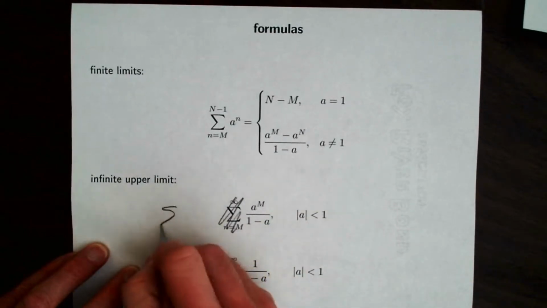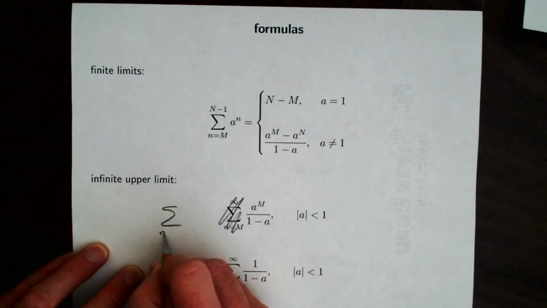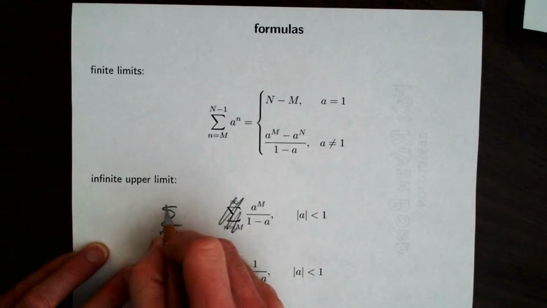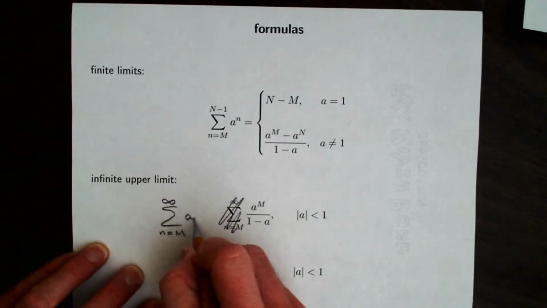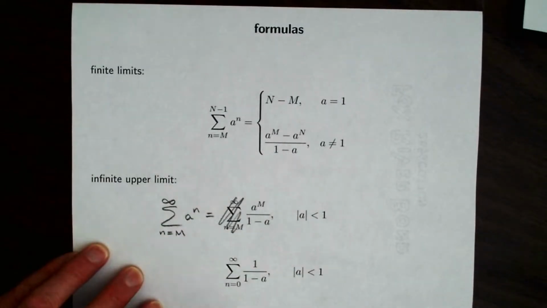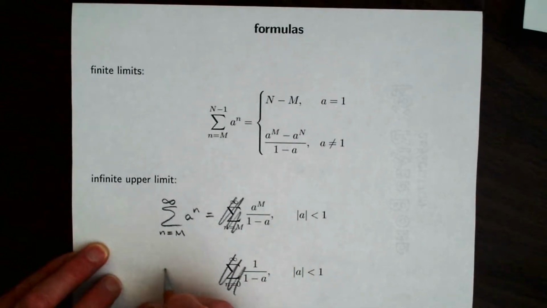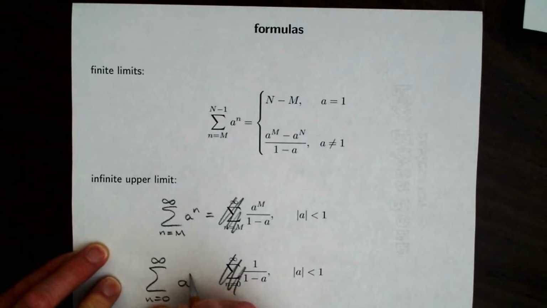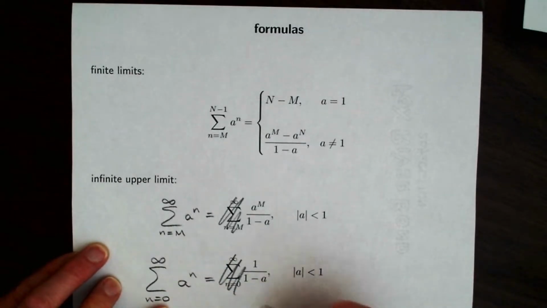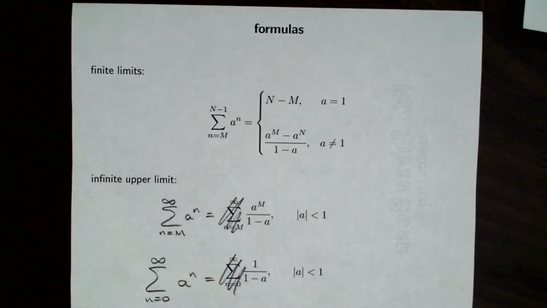What I'm talking about here is the sum from n going from m to infinity of a to the n is equal to this formula. And then here we have n going from 0 to infinity of a to the n is equal to this ratio here. So with that little correction, these formulas are correct, and we'll take a look at this in the following pages.